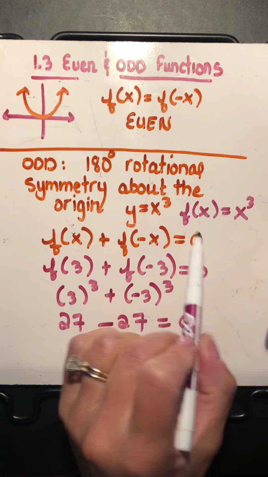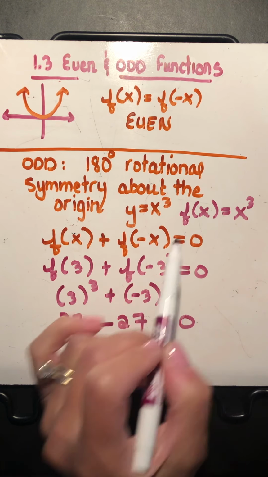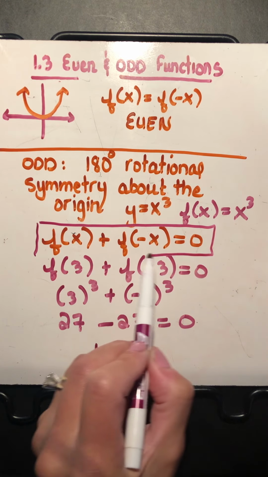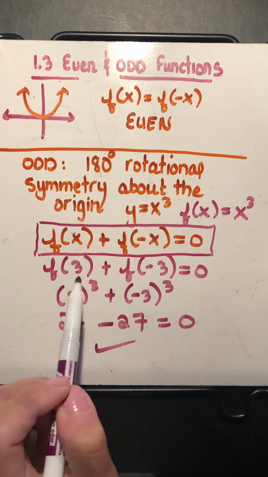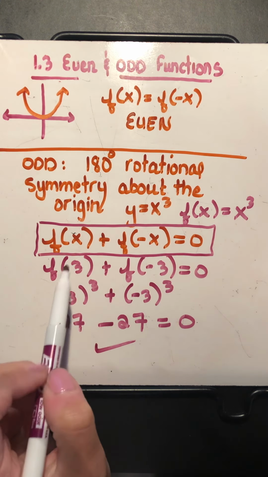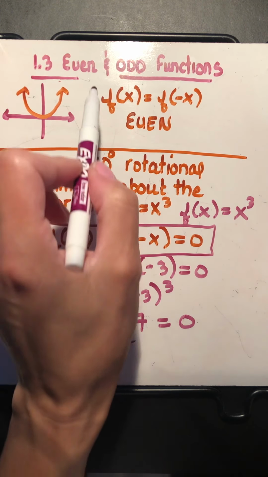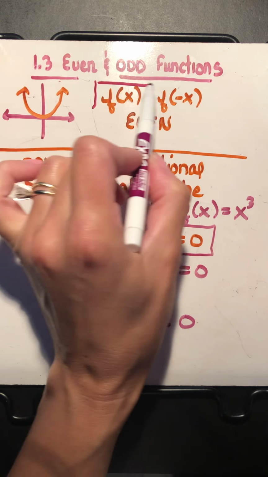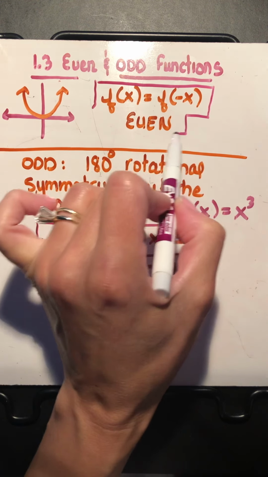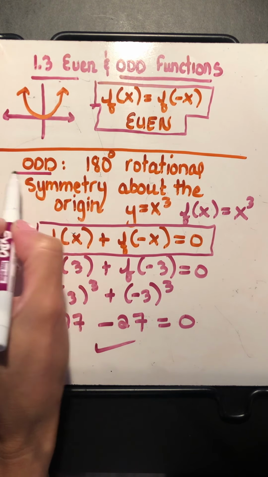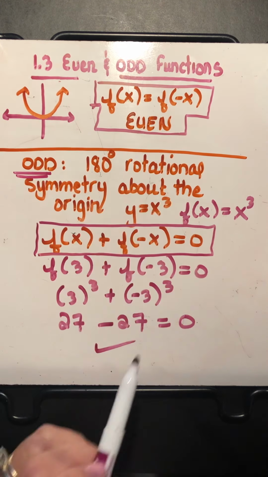And these mathematical checks are really important and good for when you have a function that looks complicated and you're not really sure. Or if you don't have a graph of a function, sometimes I just go right to the formula because it's not always easy to tell. So just make a note of the algebraic test for even and odd functions, because when you have complicated functions, these are just an easy, quick check.